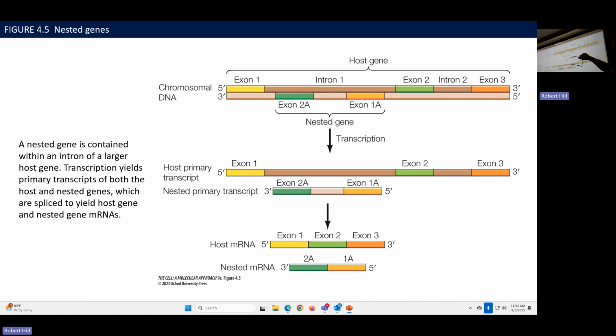There's going to be machinery that's going to direct that side to get transcribed as well. So these will get transcribed simultaneously, and you end up producing two proteins at the same time. Okay. So nested genes, when you have one functional gene product located within another functional gene product.